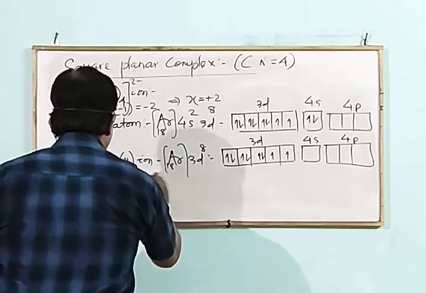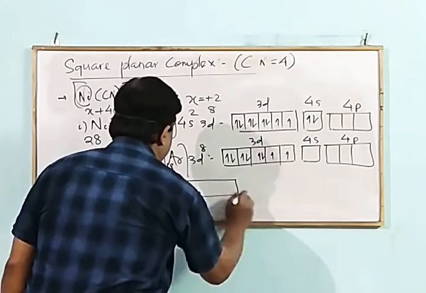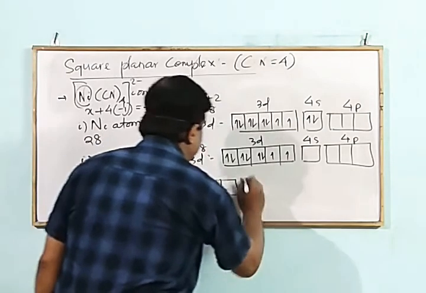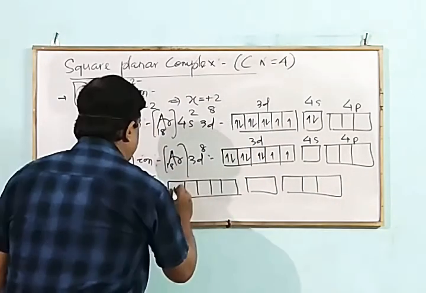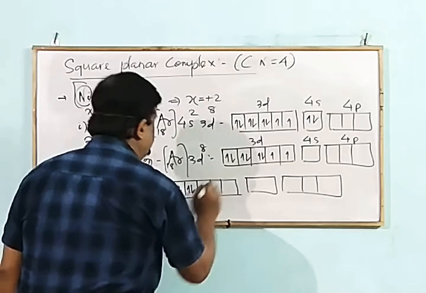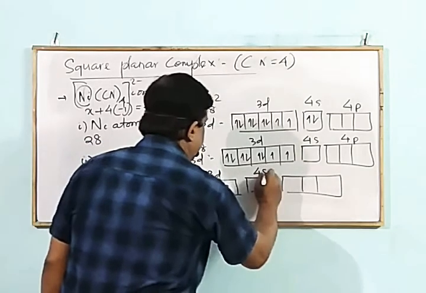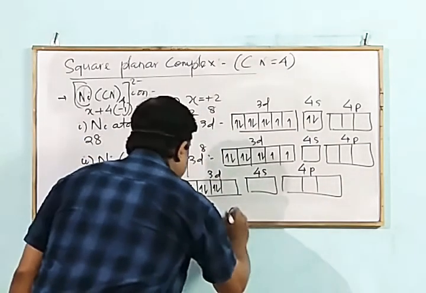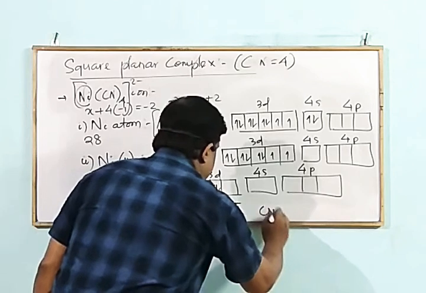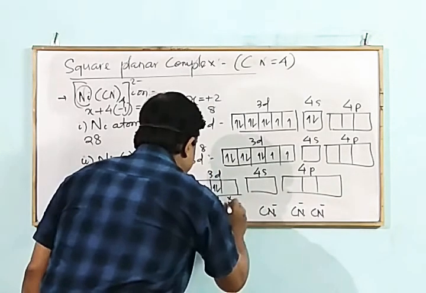Point 3, in the [Ni(CN)4]2- case, the box-like diagram: all electrons are paired off. It is 3d, 4s, 4p. 4 ligands are there. Each ligand donates one pair of electrons.